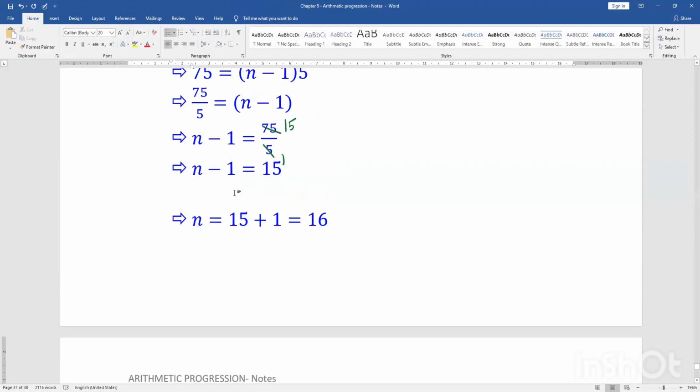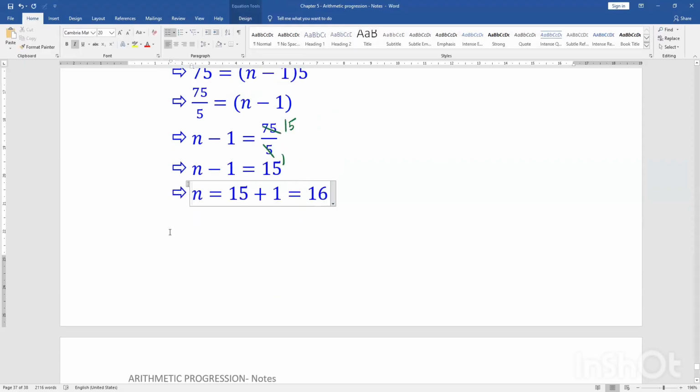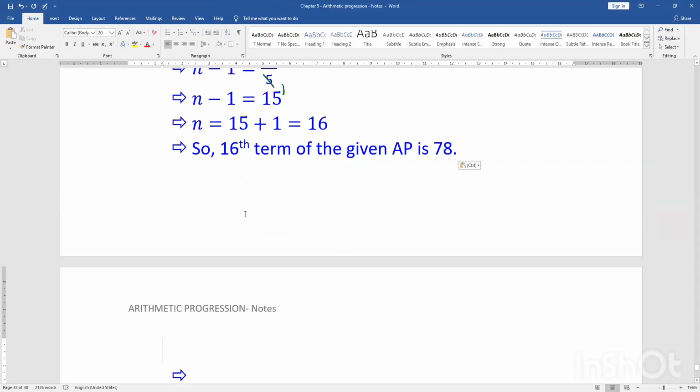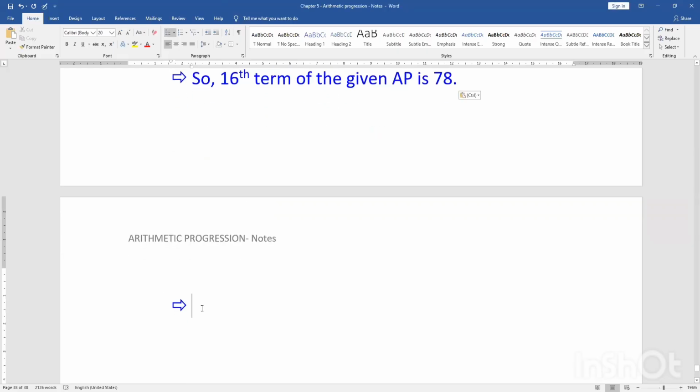So what is our conclusion? Our conclusion is that the 16th term of the AP is 78. Let us write that: the 16th term of the AP is 78.